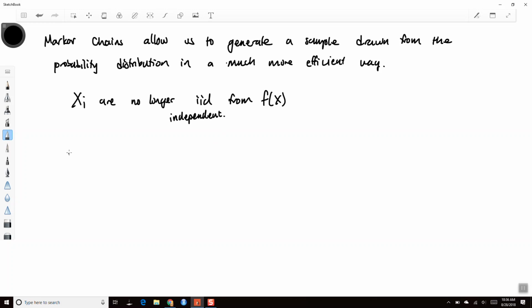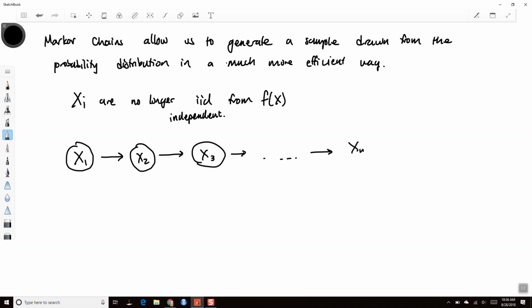And instead, the picture is that you draw x1, and this leads to x2, and this will lead us to x3, and so on and so forth until you get to your x of n.